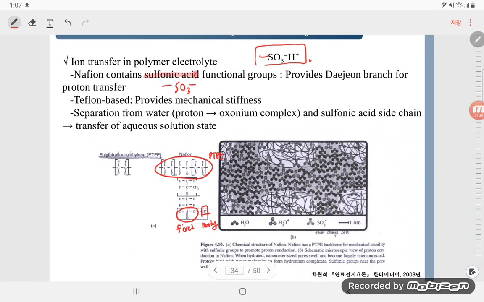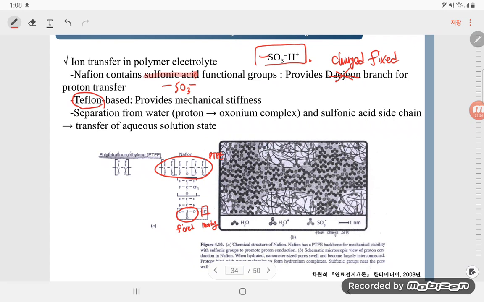So this provides a charged fixed branch for proton transfer. And the Teflon, they have the Teflon base. The Teflon is very hydrophobic, right? Which hates the water, right?